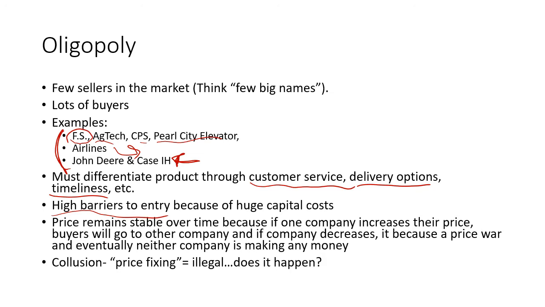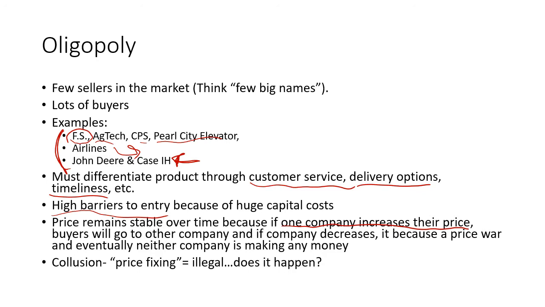Generally, when we talk about the price of businesses that exist within an oligopoly, we talk about the price remaining pretty stable over time, because if one company increases their price the buyers are going to go to the other company.